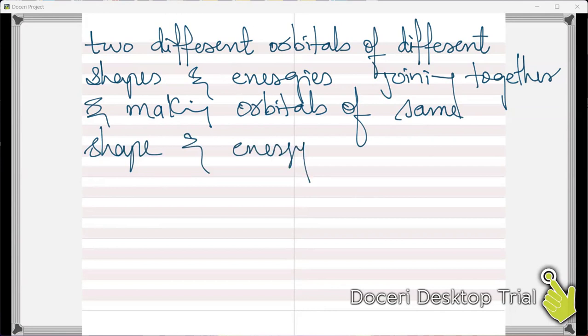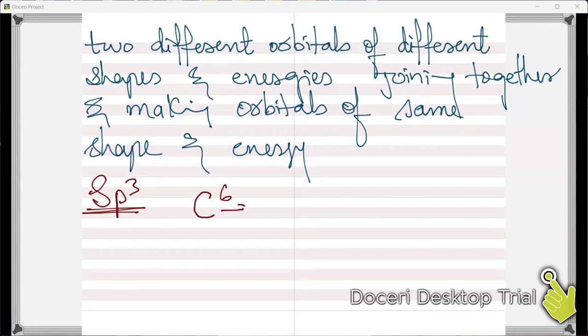For example, there is one type of hybridization which we call sp3 hybridization. Now, what happens in sp3 hybridization? See, carbon has, what is the atomic number of carbon? Yes, that's right.